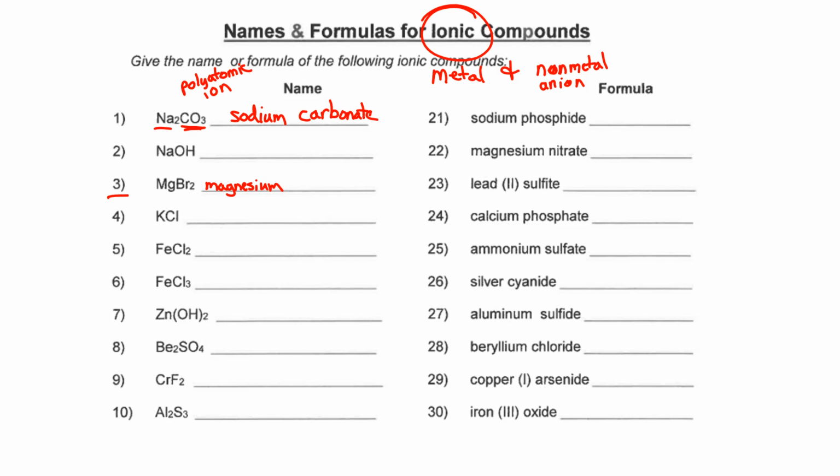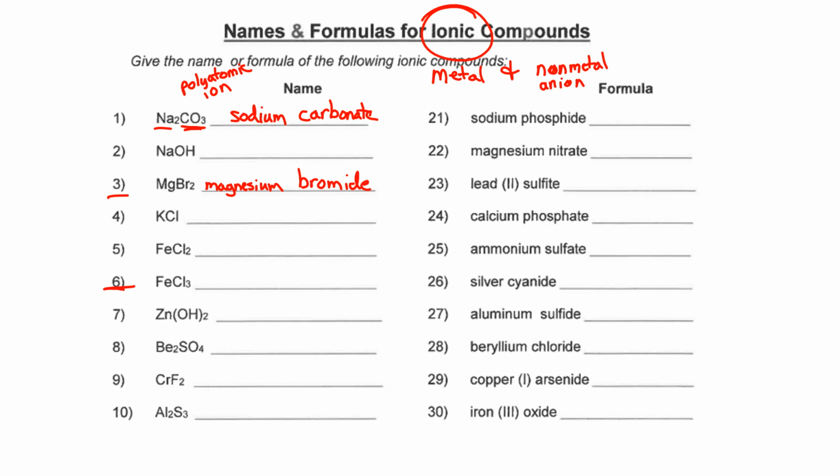Bromine. What do I need to do to the name bromine to make it work for a name? Change the INE to IDE, so I'm going to say magnesium bromide. All right. I don't worry about the number in the name. For ionic, I'm not worried about the number.